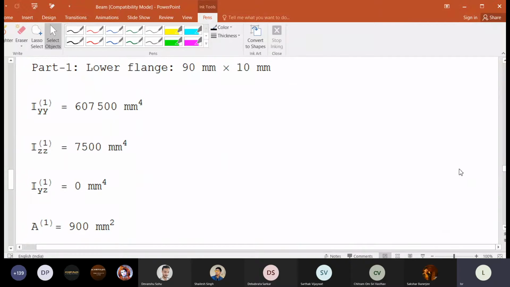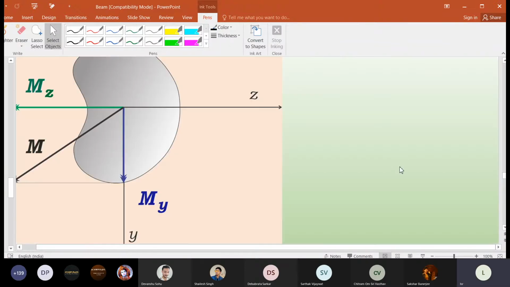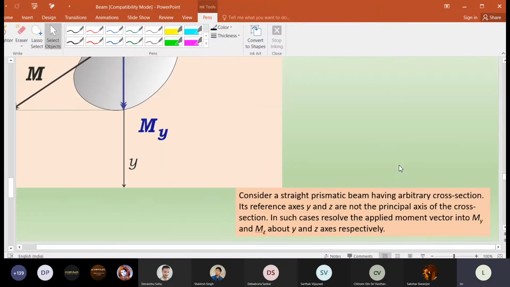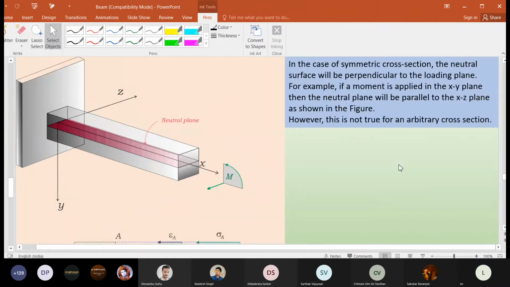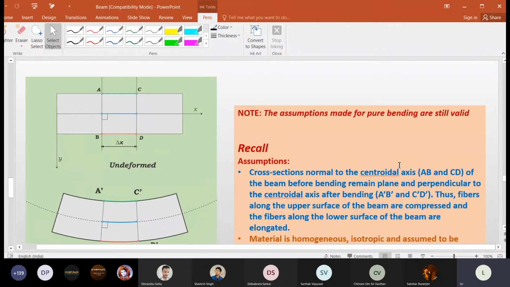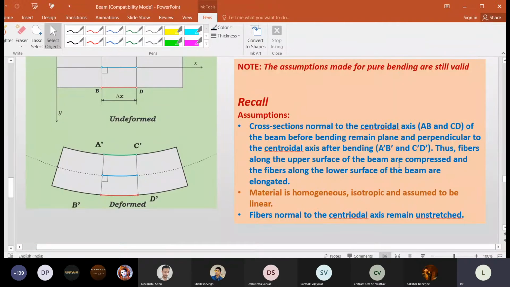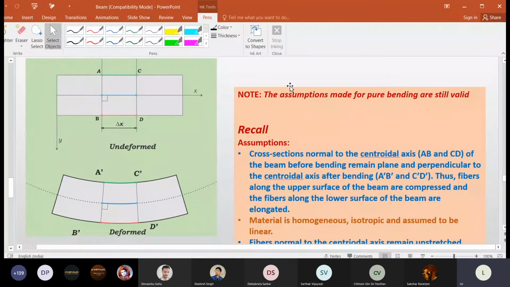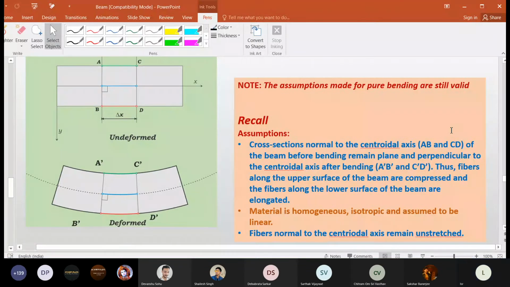So let us see whether. Okay, now we have come very good. These assumptions are given here also, unfortunately. So these assumptions are valid in the case of unsymmetrical bending also.